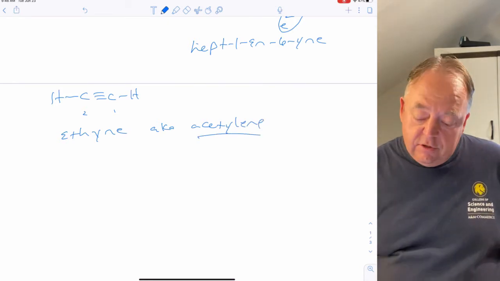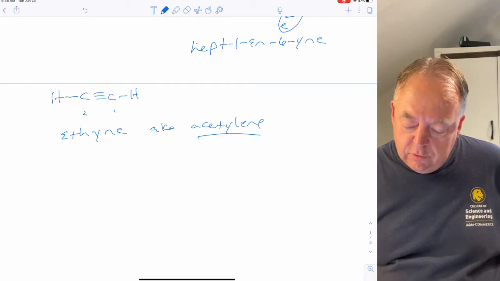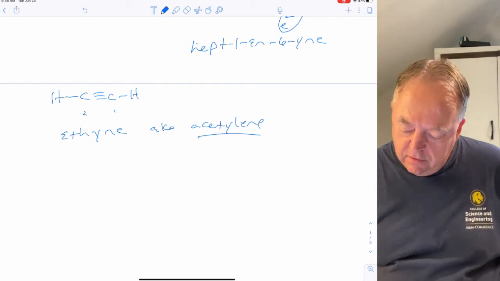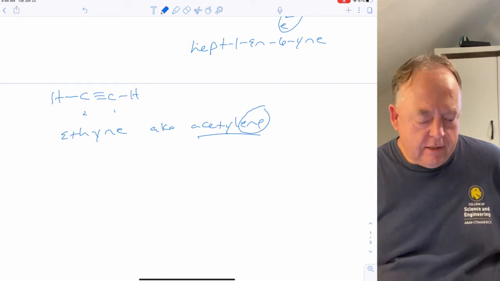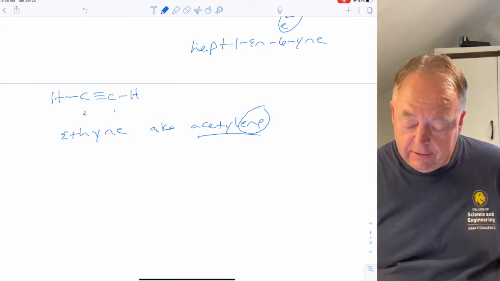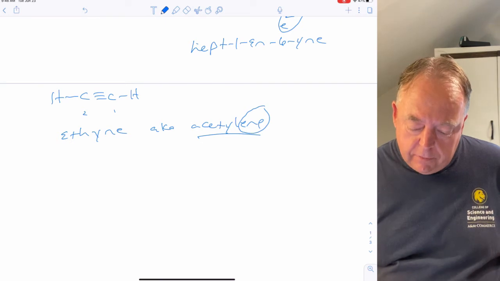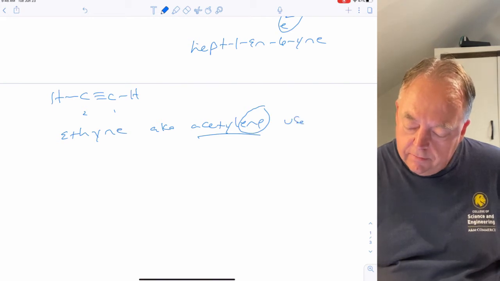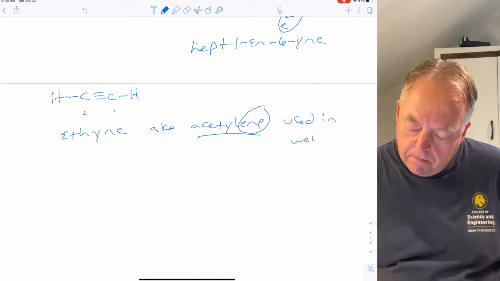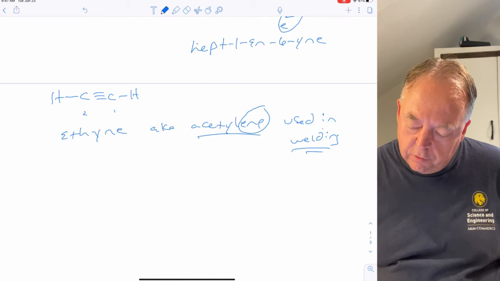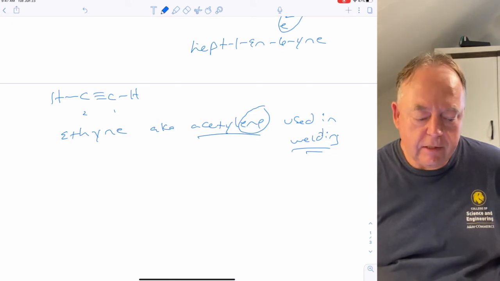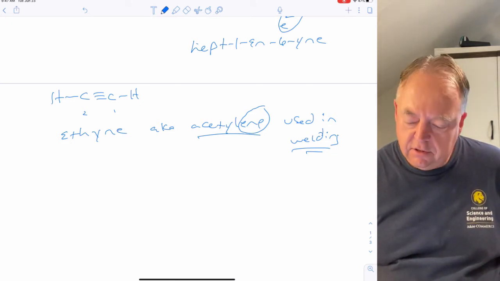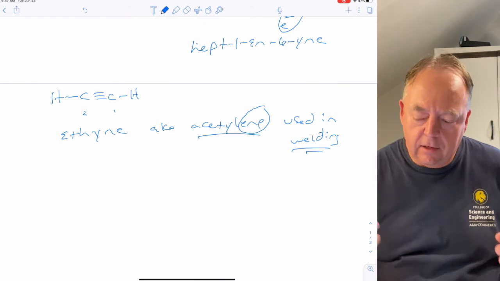I'm not sure where the name comes from. Obviously that would typically mean alkene, so I have to look this up. Why is that called acetylene? But this is a very common molecule. Maybe some of you have heard of acetylene before. This is used in welding, because when the flame burns at extremely high temperature, you can use it to melt metal and iron and weld with it.